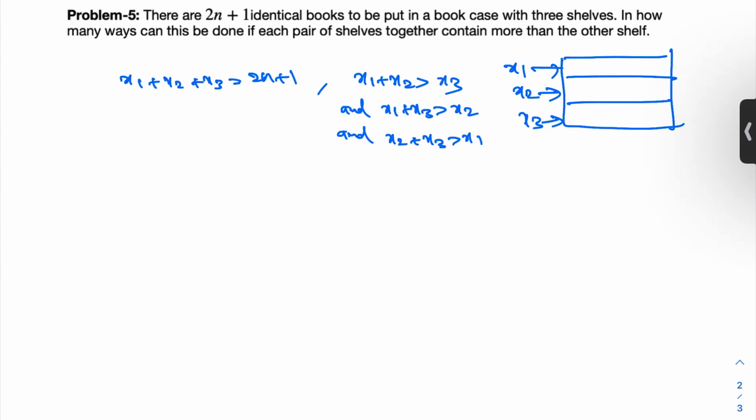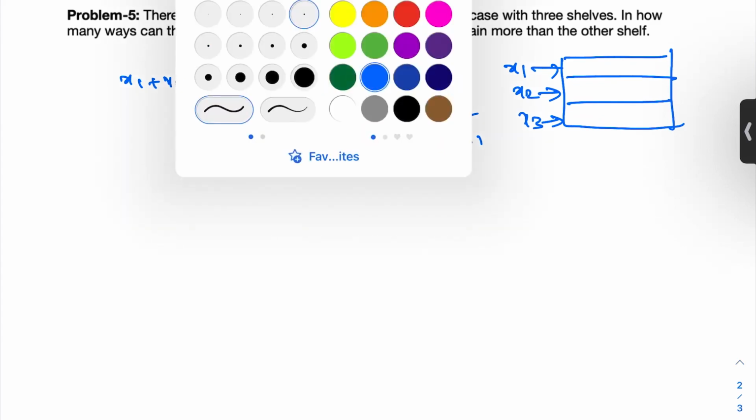Okay, fine. If you try to count directly with this, it's going to be a little bit difficult. Here we are going to use the complementation principle, or you can say the subtraction principle. What we are not interested in, if one of the conditions fails, right? So what will be the negation of this?